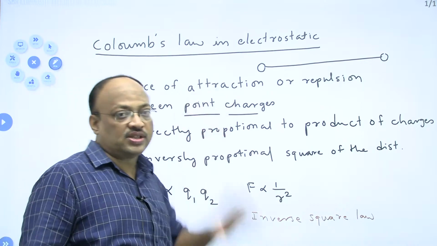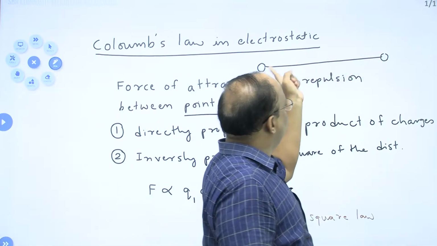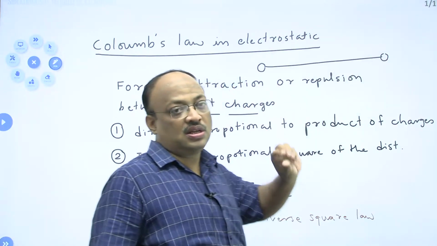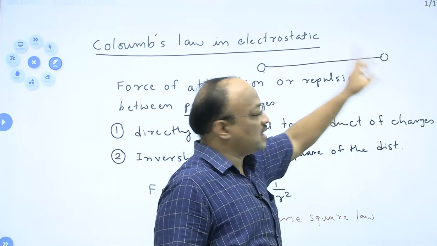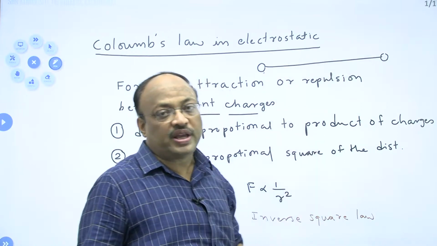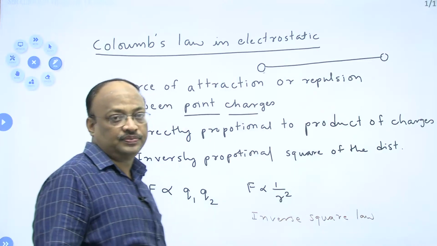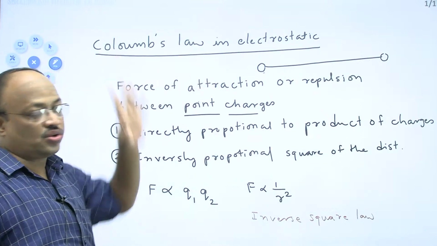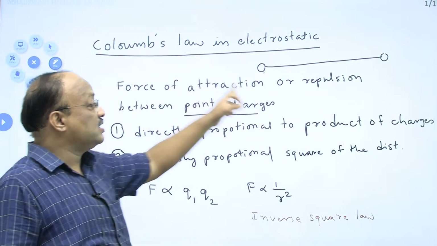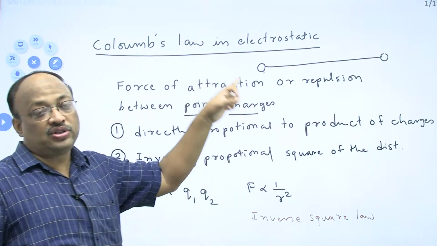When zero size is not possible, at least compared to the separation between the two charges, the size of these charges must be very negligible. Then such charges we call point charges.